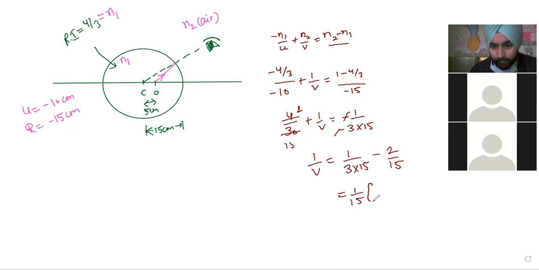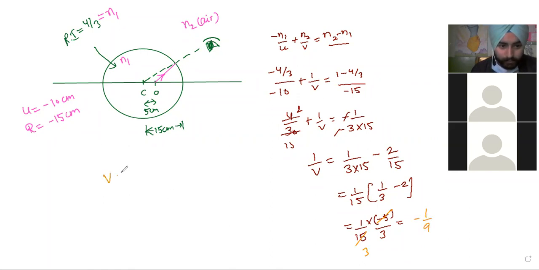If we take common 1/15, it comes to be 1/3 minus 2, so this becomes 1 minus 6/3, which is minus 5/3. So this will cancel out. When you solve it, this is 3, so it is 1/9.